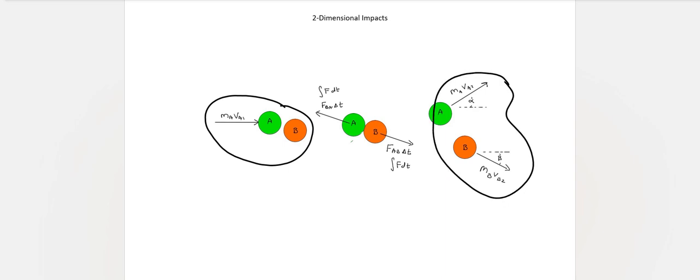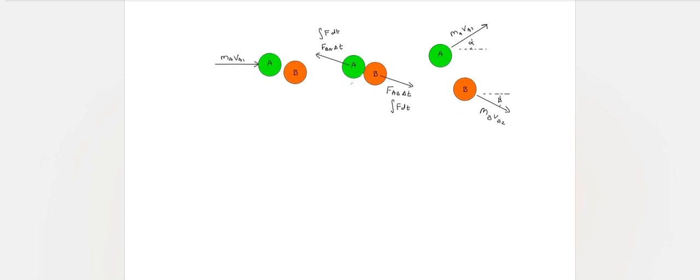If the net force and the net impulse is zero, that means there's no change in momentum for the system, because impulse is what changes your momentum. And that means the total momentum in this picture has to be equal to the total momentum in this picture. That will allow us to write a couple of equations here.